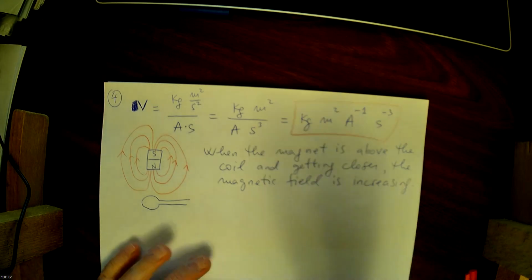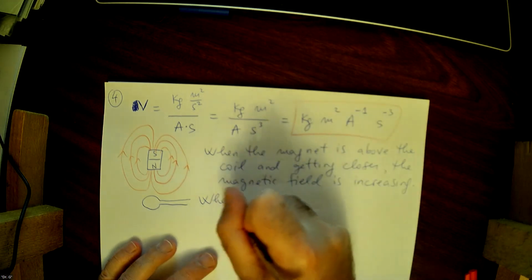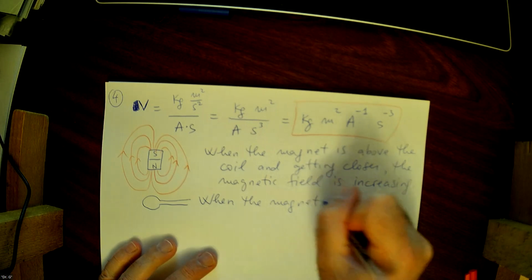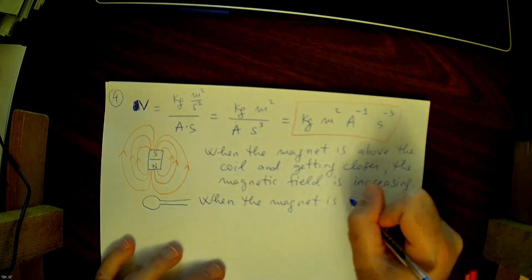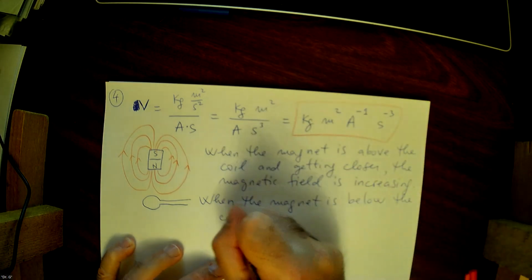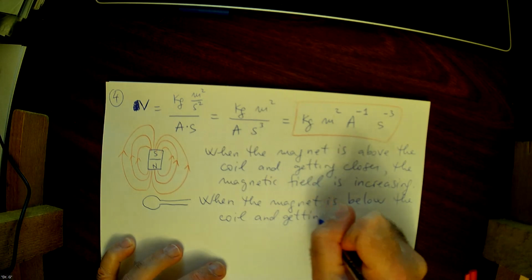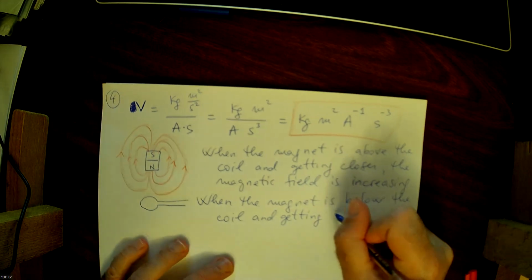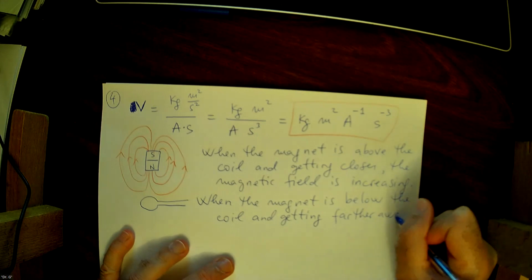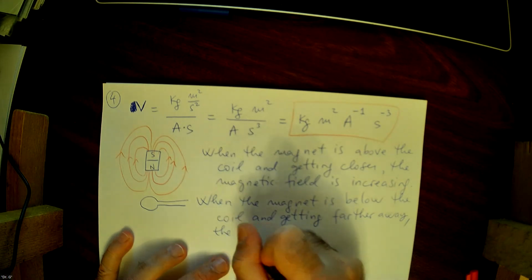When the magnet is below the coil, and getting farther away, the magnetic field is decreasing.